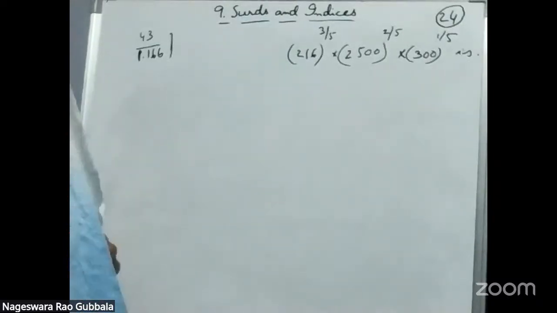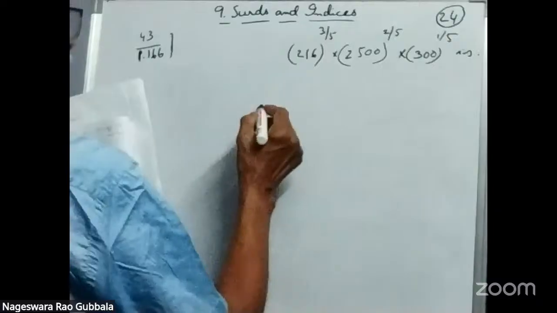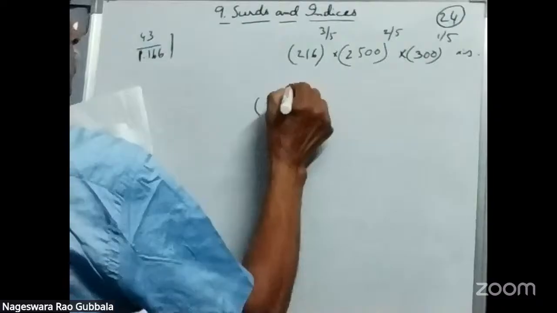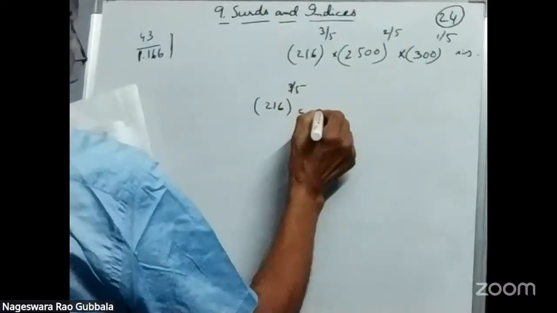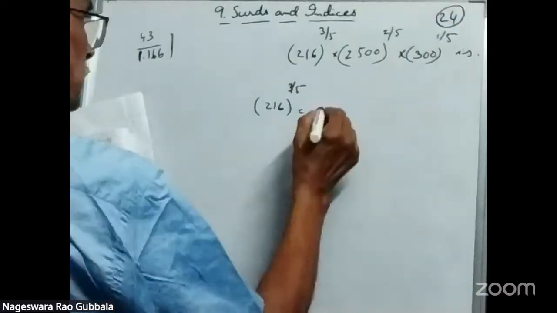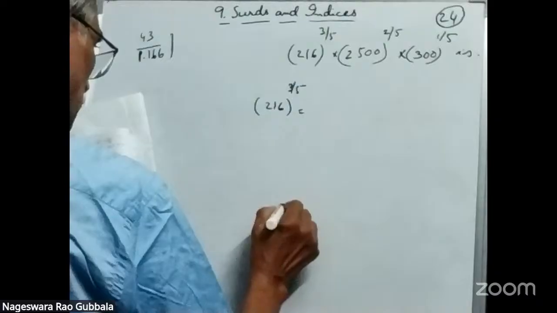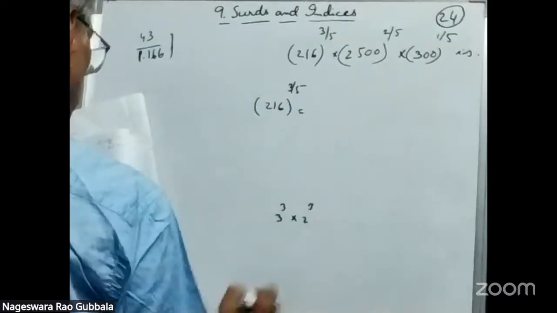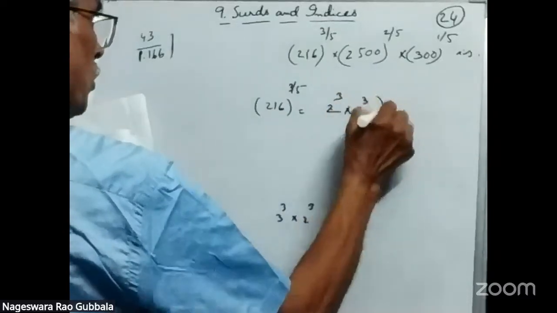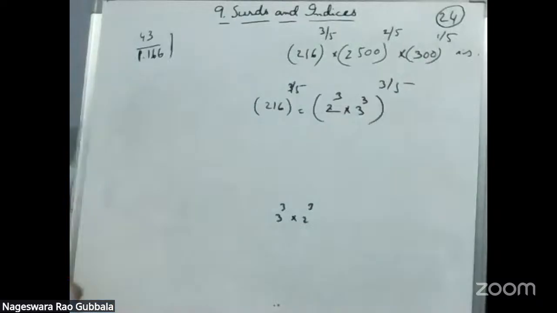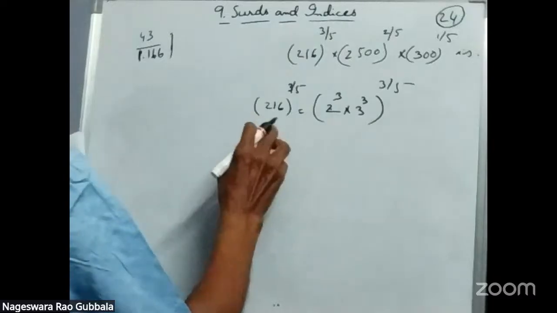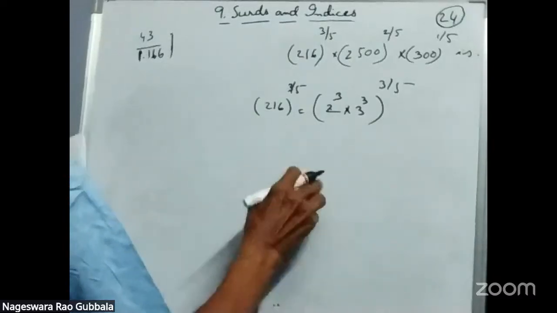Now, of course, in the examination we have to save time, but here, for practice purposes, 216 to the power of 3 by 5. 216 is 2 cube into 3 cube. 216 is 6 into 6 into 6, that is 2 into 2 into 2, 3 into 3 into 3.